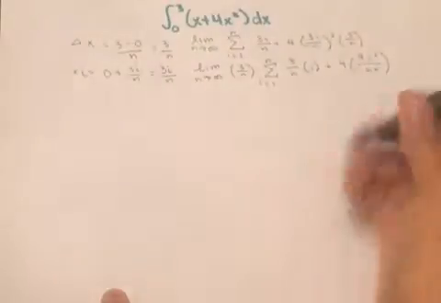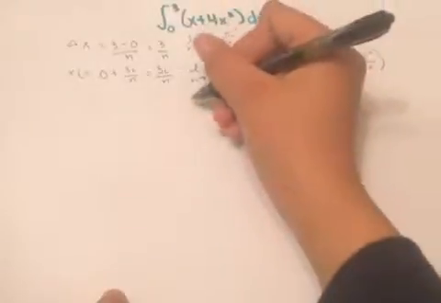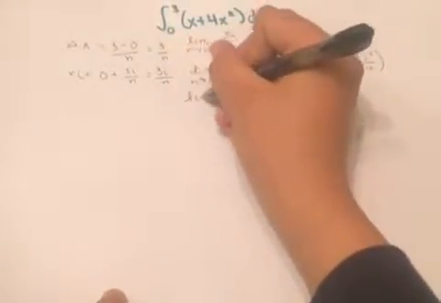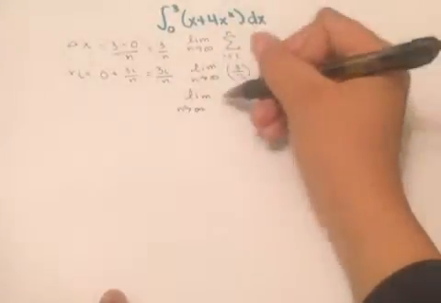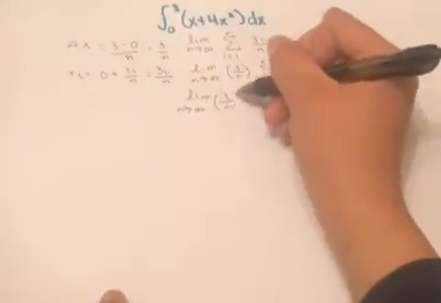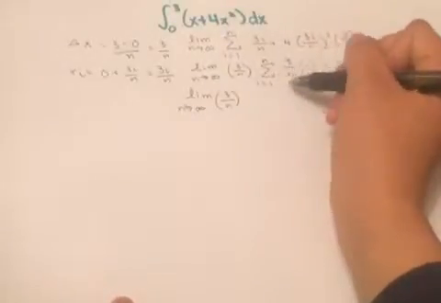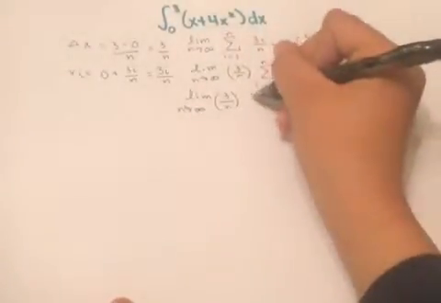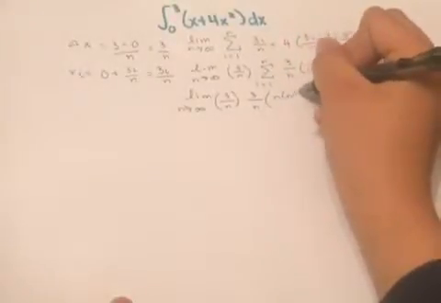And now we can continue to simplify even more and actually start finding the summation. So we do the limit of n to infinity, and keep the 3 over n at the very beginning, as I said before, and 3 over n times n plus 1 over 2.